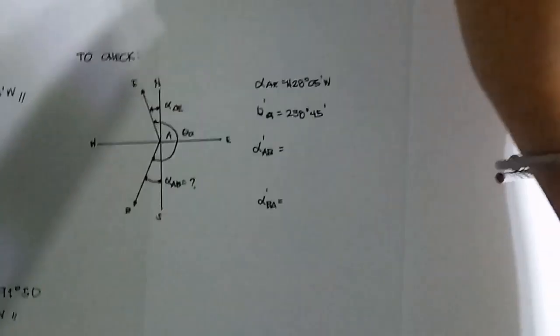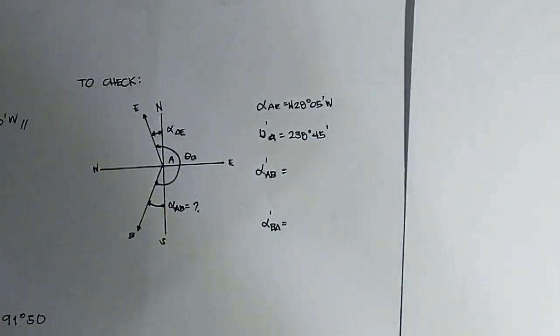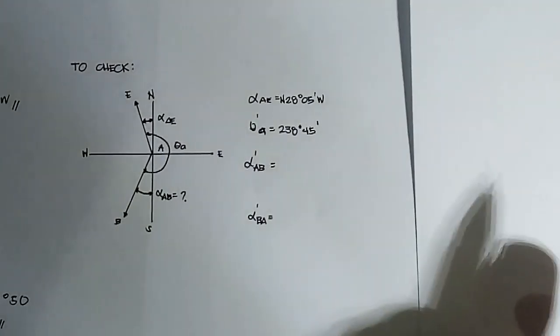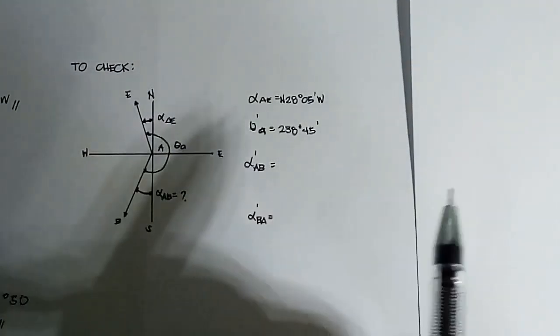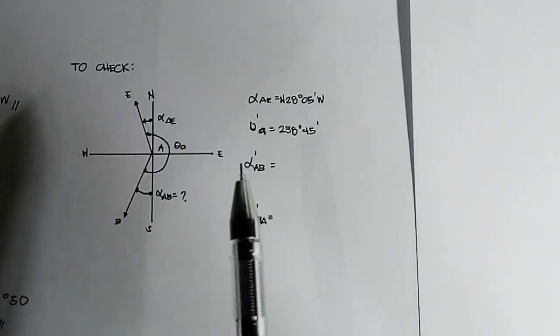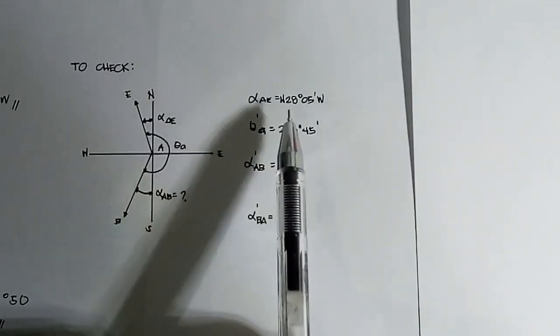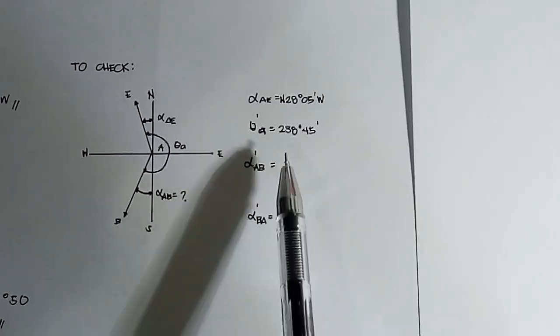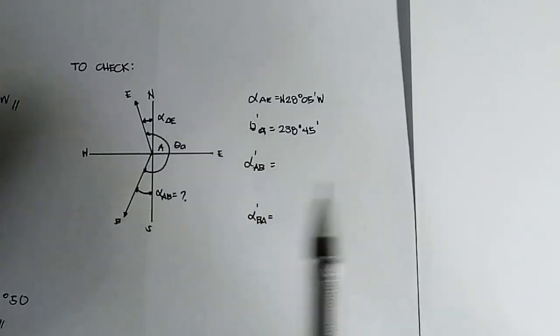So, syempre, para malaman natin kung tama, kailangan naman natin i-perform yung checking. So, to check, babalik tayo ngayon doon sa AB. So, hahanapin natin ngayon yung adjusted bearing ng AB. Titingnan natin kung magtutugma siya. So, dito, nakita na yung adjusted bearing ng AE, which is north 28 degrees and 5 minutes west. And then yung adjusted interior angle ng A, which is 238 degrees and 45 minutes.